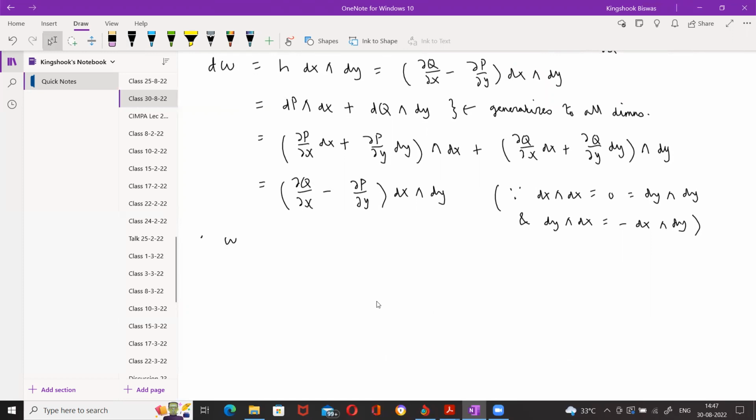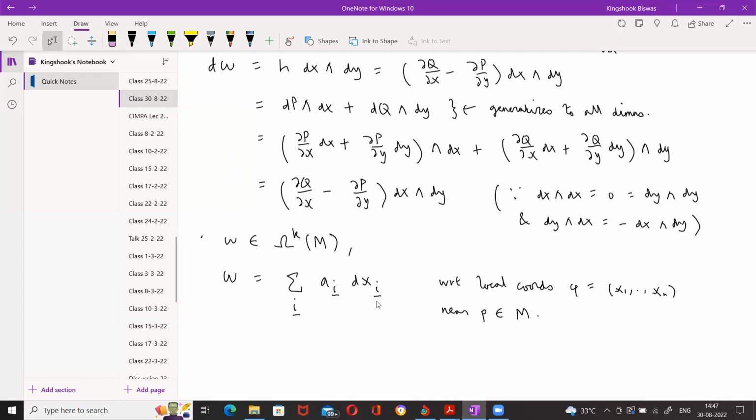If omega is a K form, say omega is equal to the sum over I bar of A I bar dx I bar, with respect to local coordinates phi equal to x1 to xm near P in M.